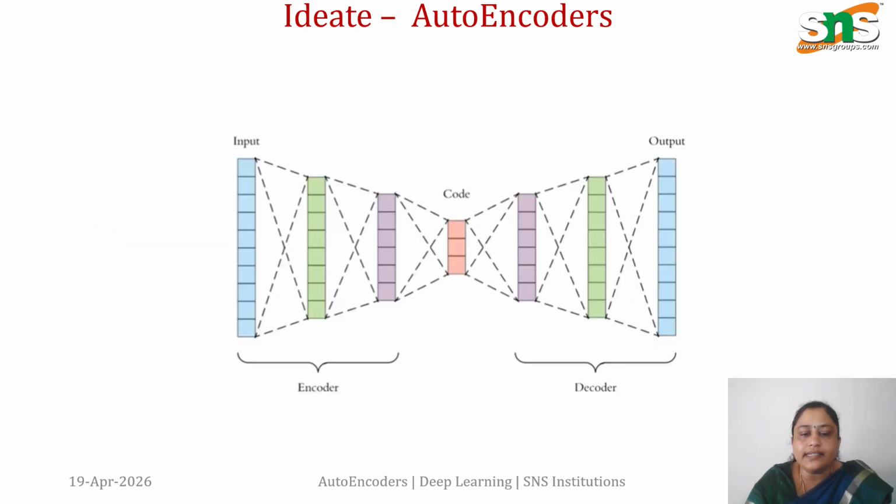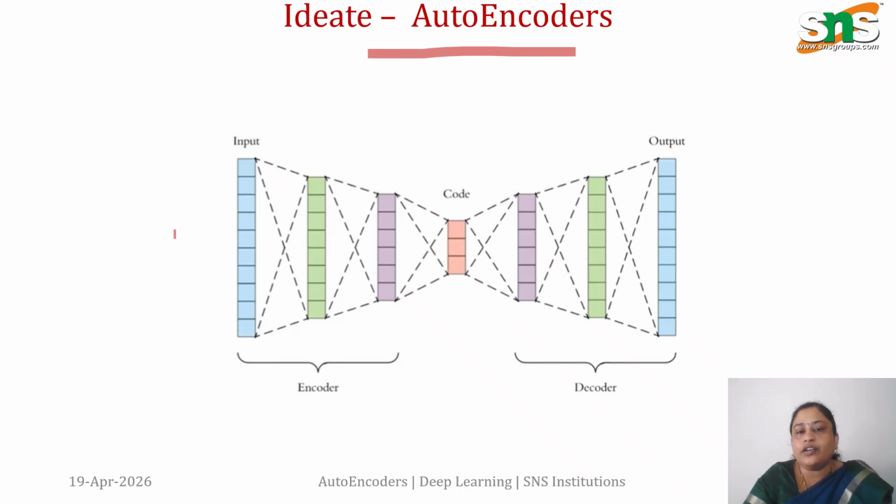Now let's see the architectural diagram of the autoencoder. As we all know, an autoencoder is an unsupervised machine learning technique and also a neural network technique. We pass the input data to the encoder part.